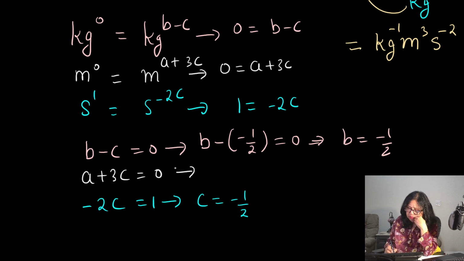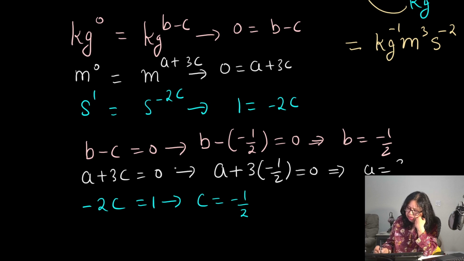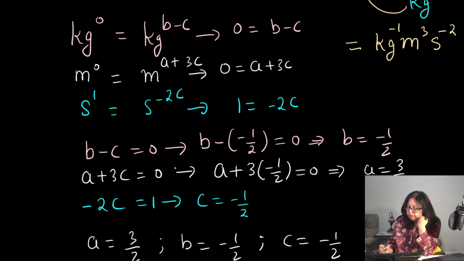This middle equation gives me A plus 3 times minus 1/2 for C equals 0. This will give you A equals 3/2. Very good. Now I got A, B, and C, all three of them. A equals 3/2, B equals minus 1/2, and C equals minus 1/2.